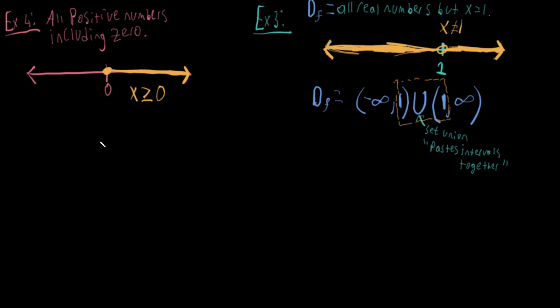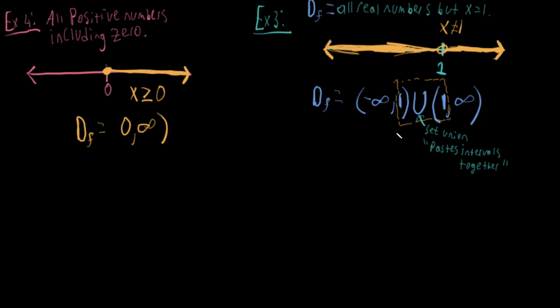So, how do we say this using interval notation? It's pretty easy. If the domain is all positive numbers including 0, then the domain of our function is just, we want to go from 0 to infinity. Okay? We can never include infinity, so it always gets a parentheses, but we want to include 0 this time.